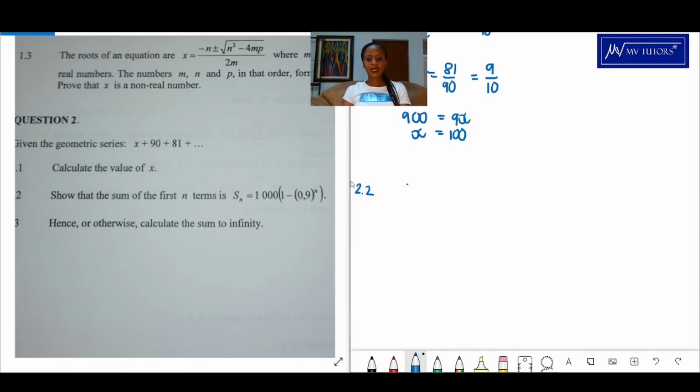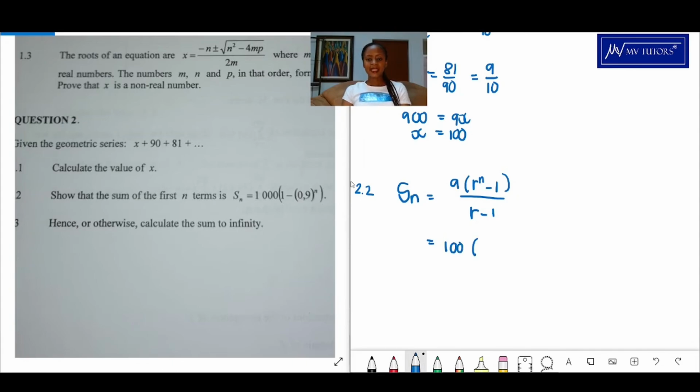The sum equation for a geometric series has r to the n minus 1 at the top, and at the bottom you have r minus 1. We're just going to substitute what we know and work it out until we get what is given. We know that the first term is x, which we just solved to be 100.